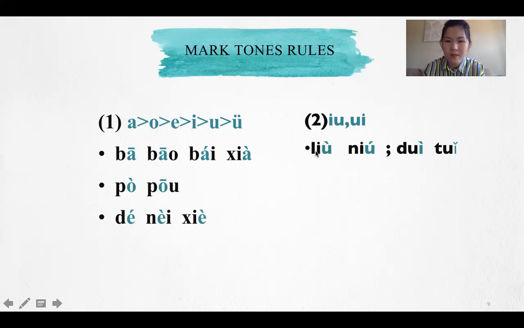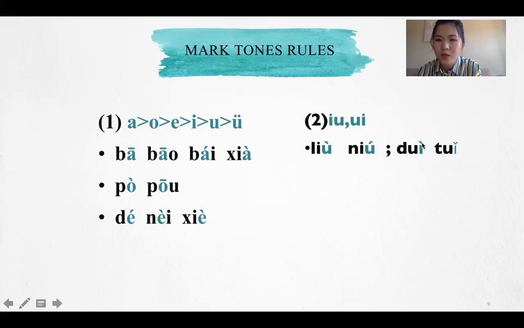Okay, let's say this one, liu. So i and u, right? And we put it on u. And niu, u is the last, we put it on u. But this one, dui, i is last, so we put it on i. And when you put it on i, you take this dot out and then you put the tone instead.